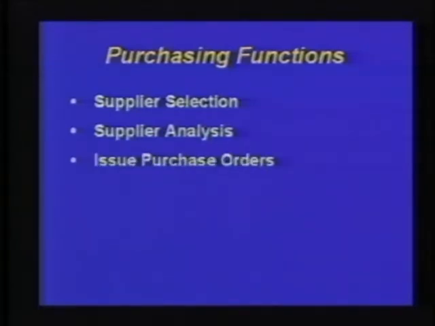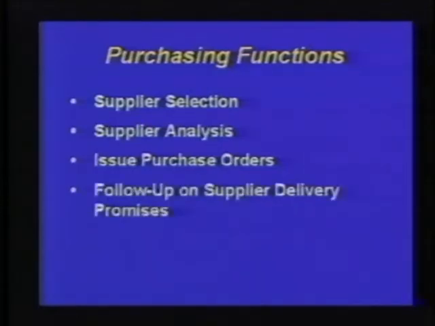Issuing purchase orders is a very key requirement, but over and above issuing the purchase orders is the follow-up, and this is the one element that really is a negative impact to maintenance work order planning and scheduling.